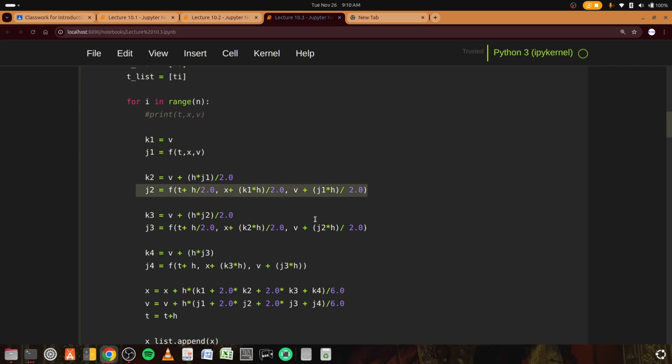J2 will come from the Runge-Kutta method formula, for 3 variables, and then K3 and then J3, right? The K3 value will also be like this. It will come from the J2 value, and the J3 value will be like this, and similarly J4, and K4 and J4.